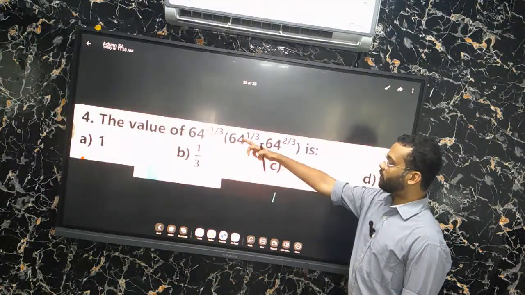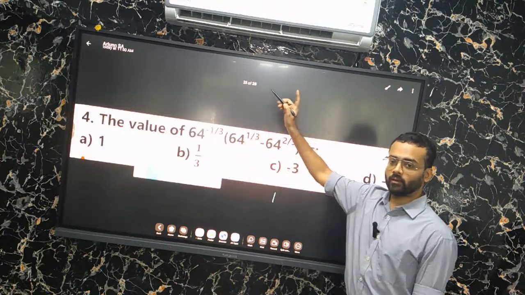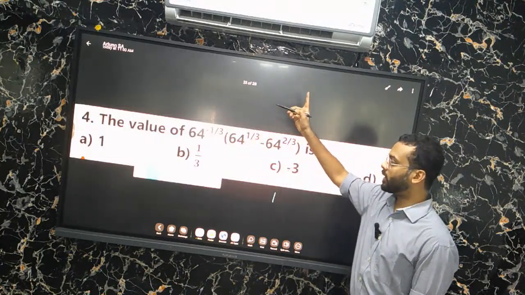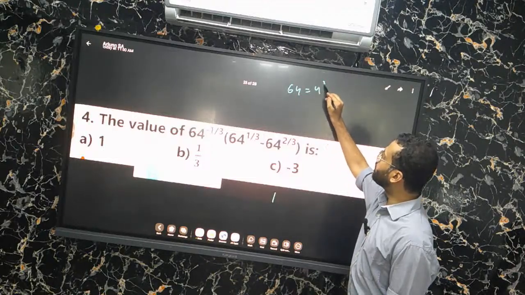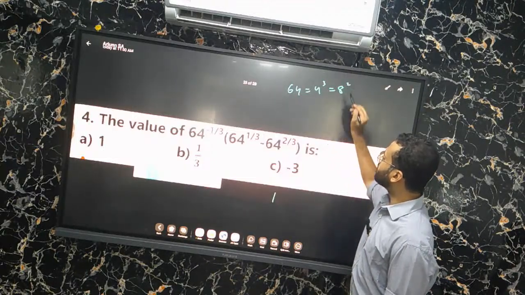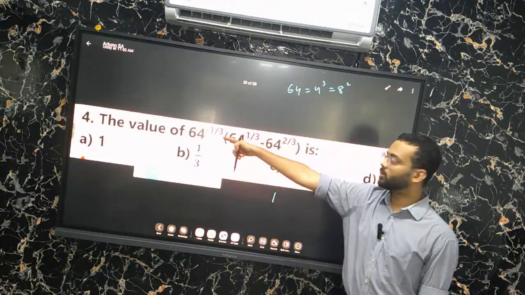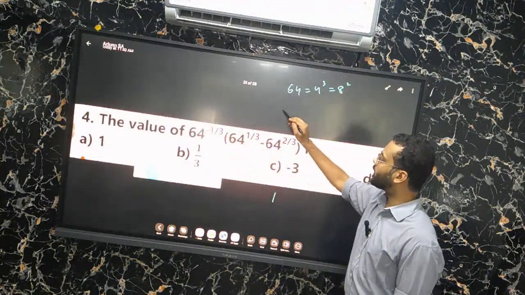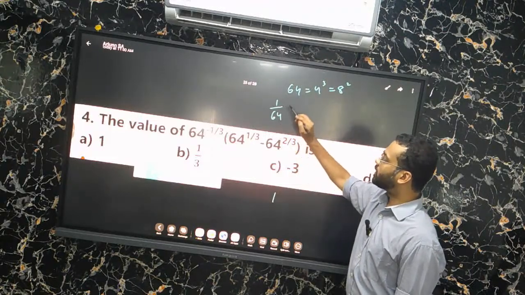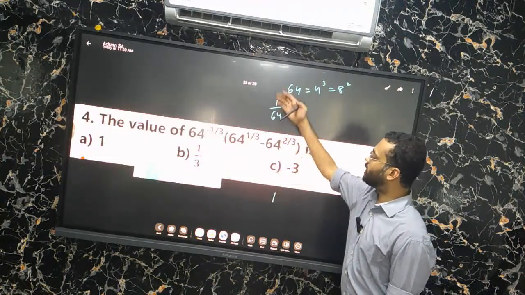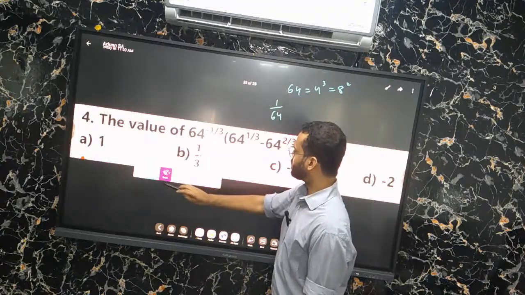64 power minus 1 by 3. I can write 64 as either 8 square or 4 cube. However I want, I can write 64, because 64 is nothing but 4 cube or 8 square. But I will take it as 4 cube because the 3 and 3 will cancel out.